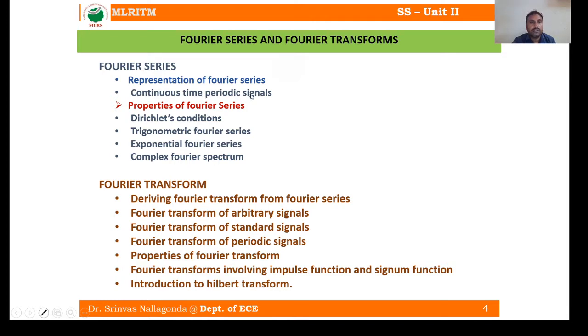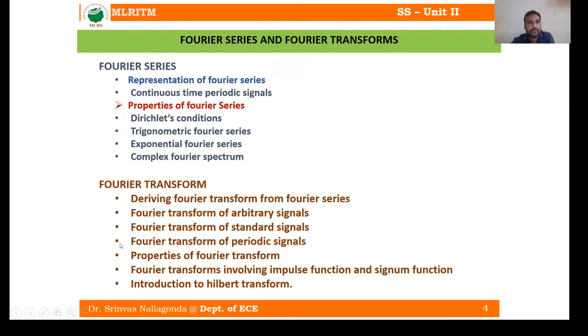So these two topics are over. Now we would like to discuss properties of Fourier series. So this is our lecture 3, properties of Fourier series.